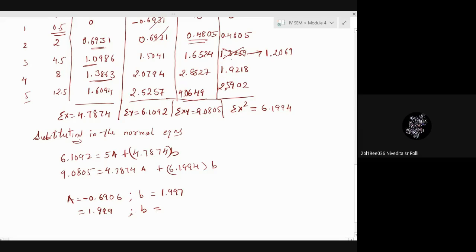Ma'am, A value minus 0.730. How many values? Minus 0.69... minus 0.6930, ma'am. 0.6931, ma'am.